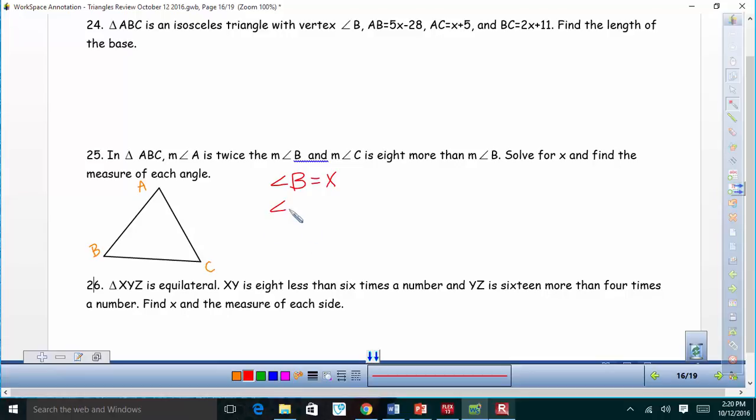So it says measure A is twice measure B, so twice of x, which is 2x. Measure C is 8 more than x. So 8 more than x. What does than mean? Switch or swap. So instead of 8 plus x, we do x plus 8.